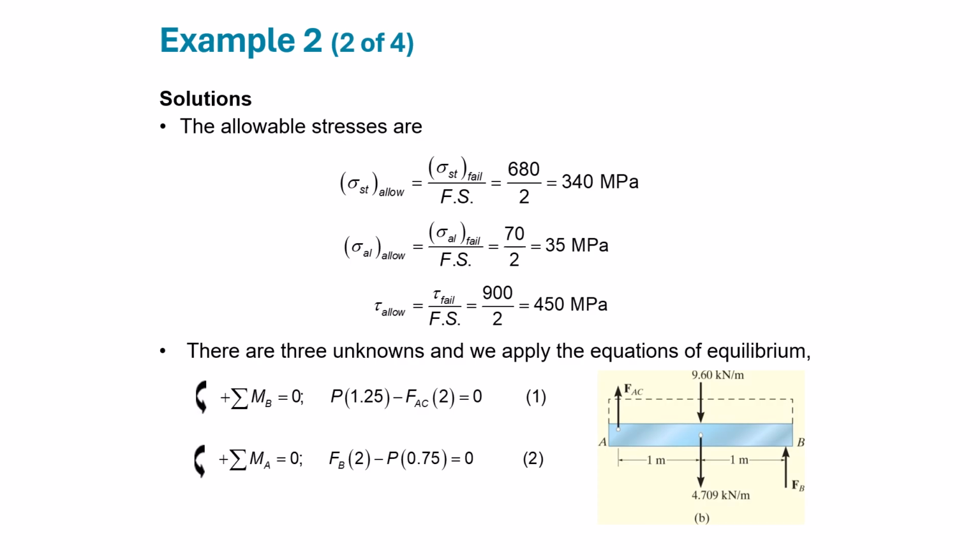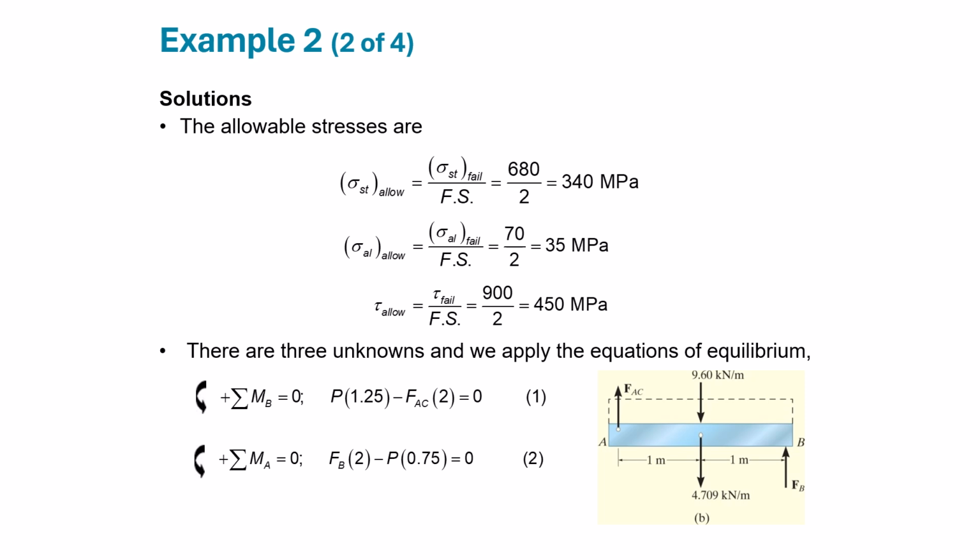So here is the solution. The allowable stress is equal to sigma steel failure over the safety factor. In our case, we have sigma of 680 megapascal for steel in failure. We are dividing by the safety factor, which is in this case 2. So your sigma steel allowable will be 340 megapascal.